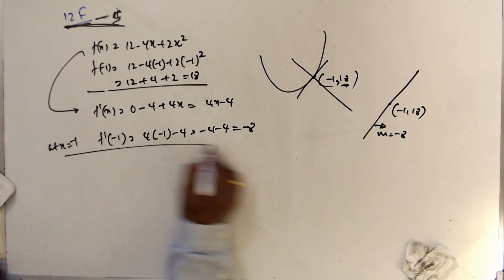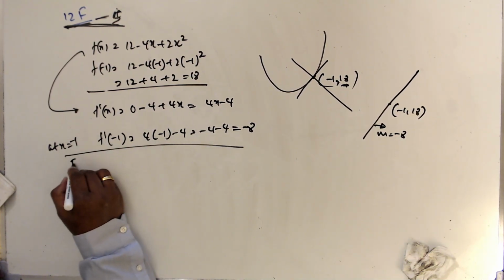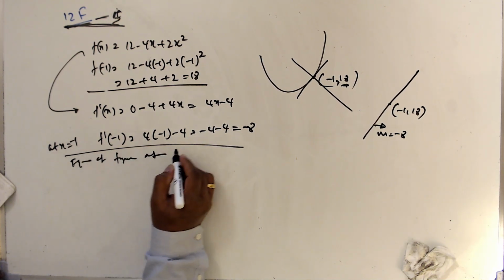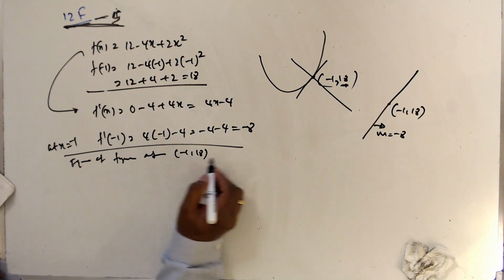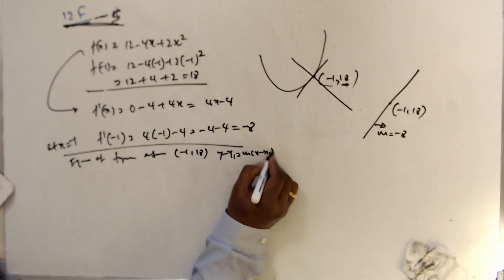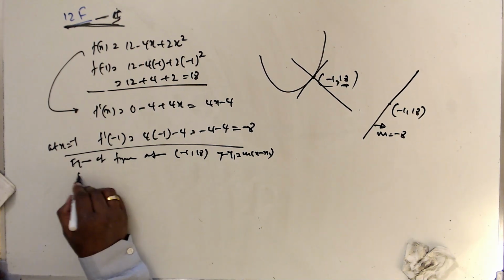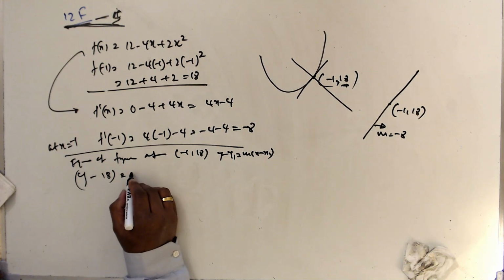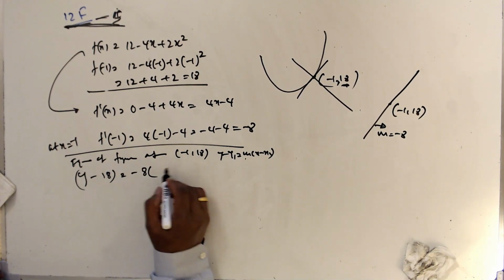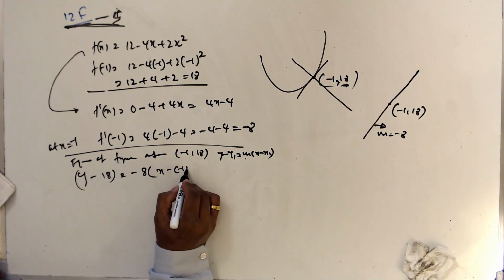We'll write the equation of the tangent. Equation of the tangent at minus 1, 18. Y minus y1 equal m times x minus x1. Now y minus 18 equal minus 8 times x minus minus 1.